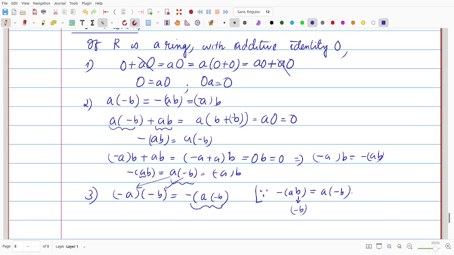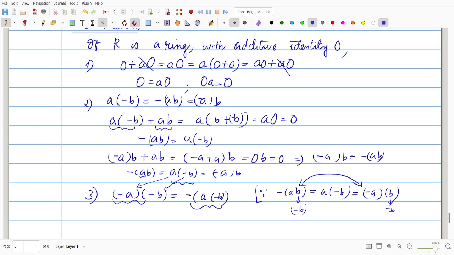Now this is also equal to minus a times b. So we consider these two things, minus of ab equal to minus a times b. In this equation you put b equal to minus b. Then what is the conclusion? Left hand side will be minus of a, which is the same as a, and b is replaced by minus b.